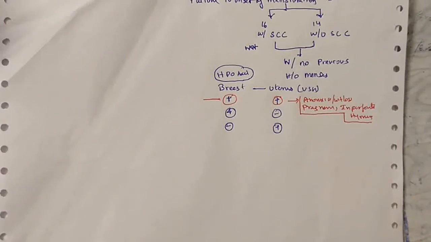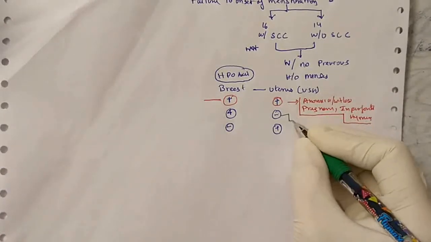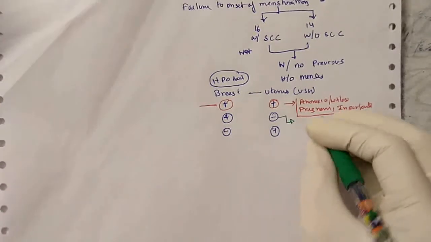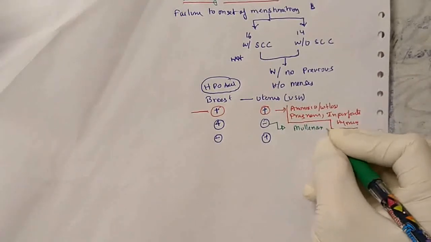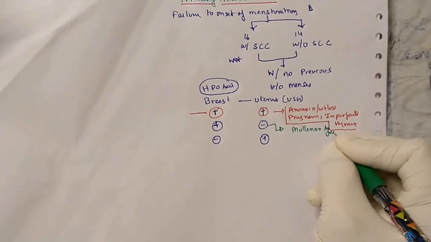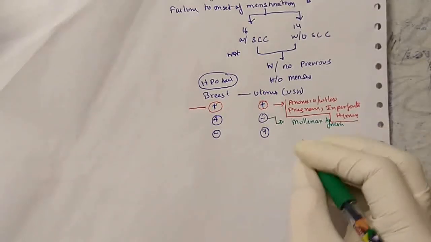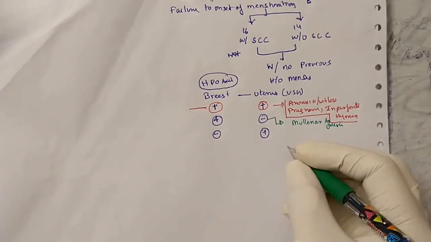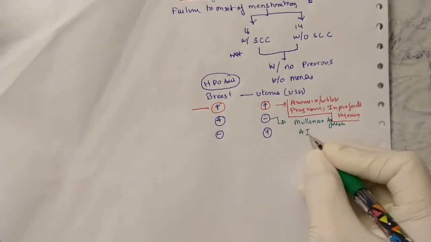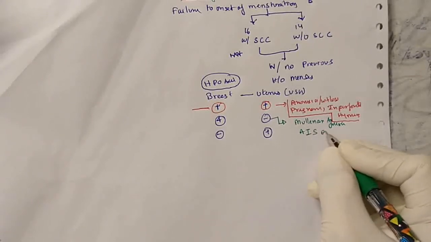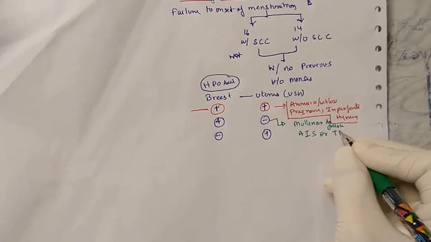If only breast is present and uterus is absent, then the causes are Mullerian agenesis, or androgen insensitivity syndrome, or testicular feminizing syndrome.